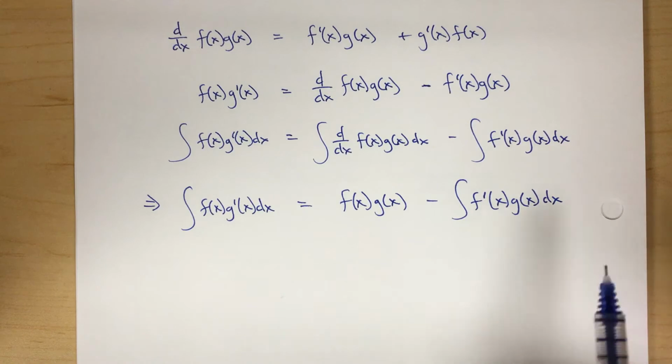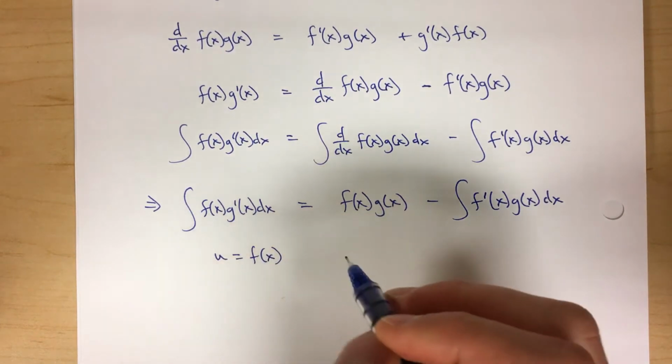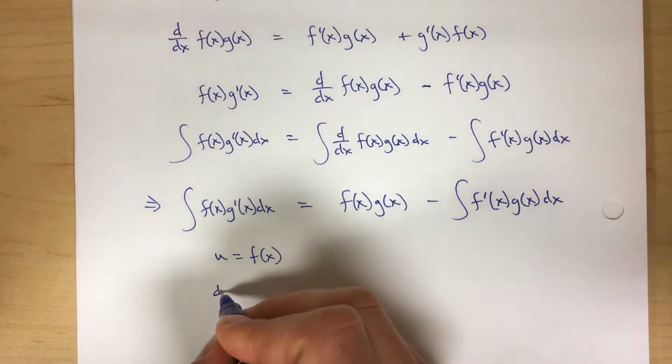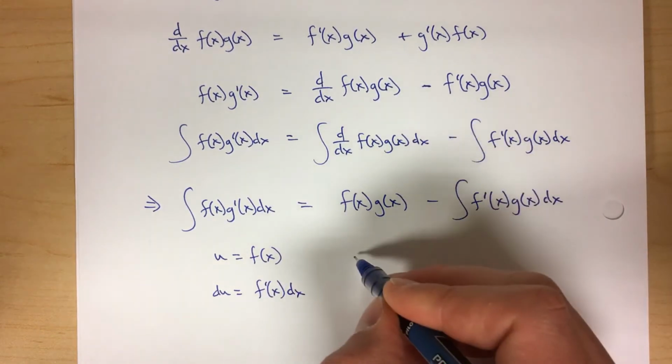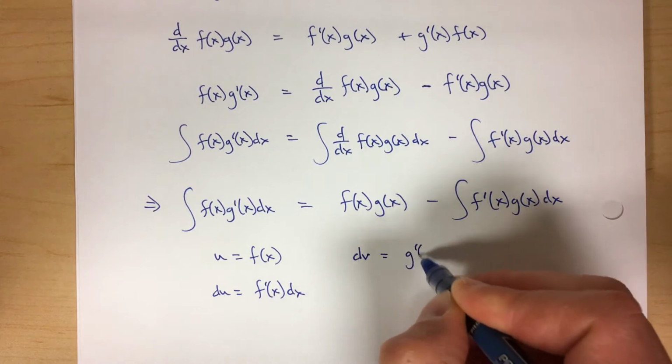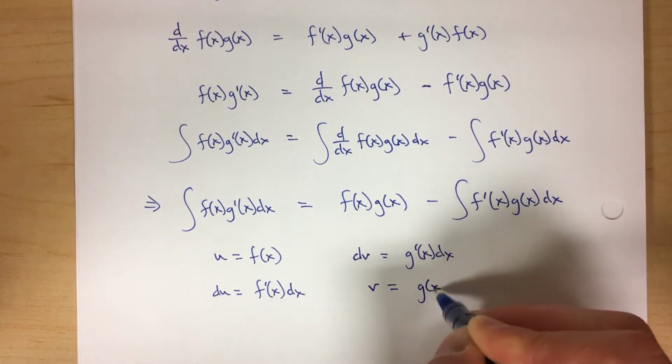Now, we don't usually write it with f and g. We write it with u and v. So we're going to let u be f of x. Then du is simply f prime of x dx. We're going to let dv be g prime of x dx. So then v is g of x.